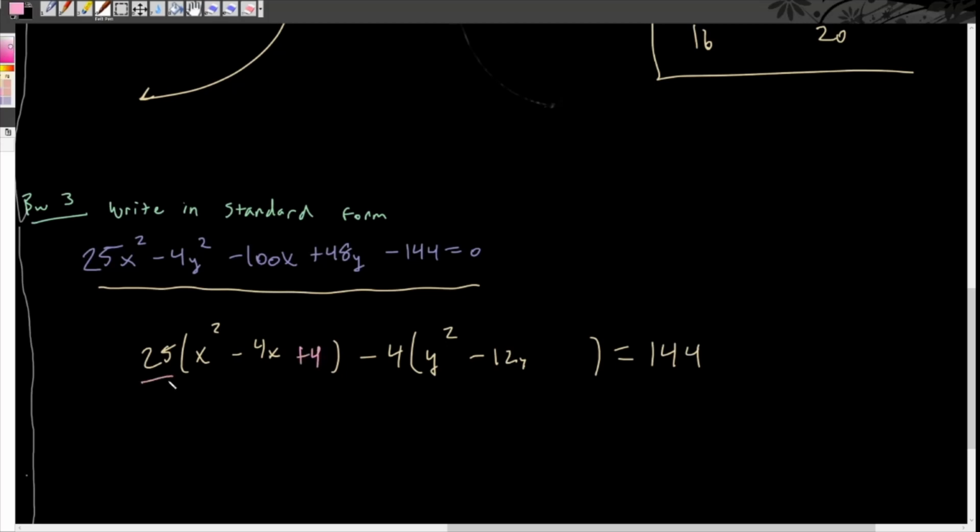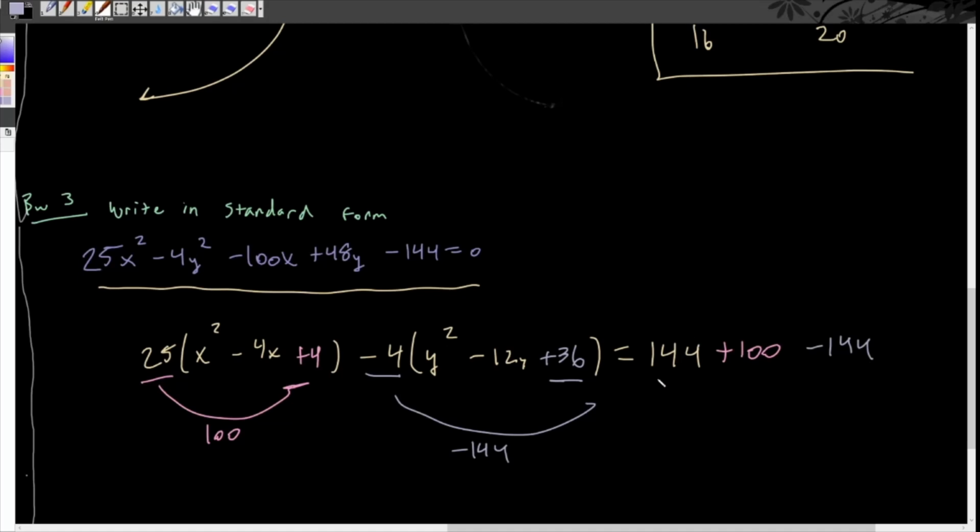So I just created 100 units. So I got to add 100. And then to complete the square over here, I want to add 36. So I just created negative 144 units. So I need to subtract 144 units. So these actually cross out.